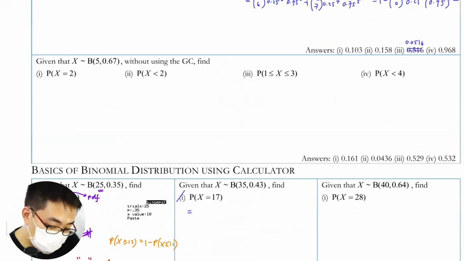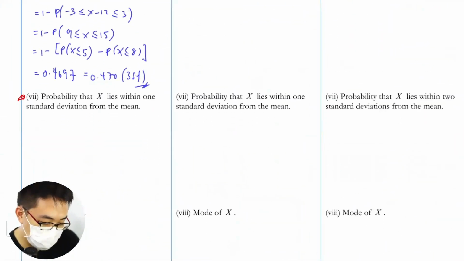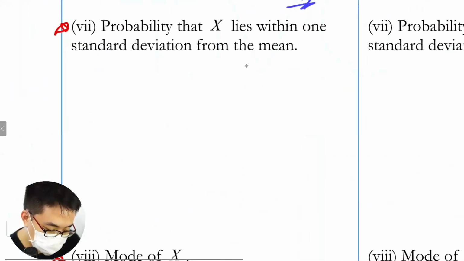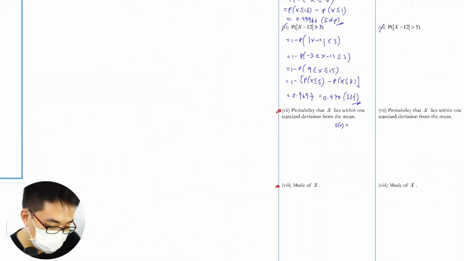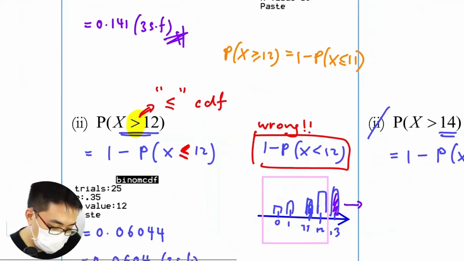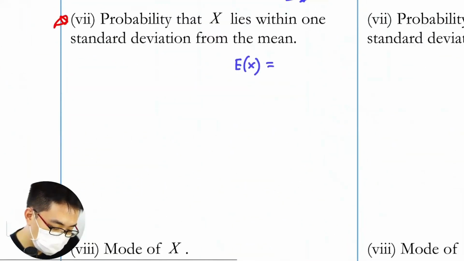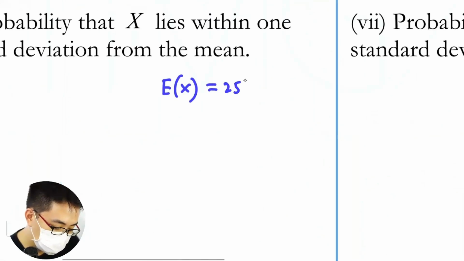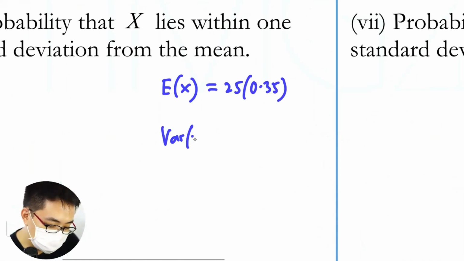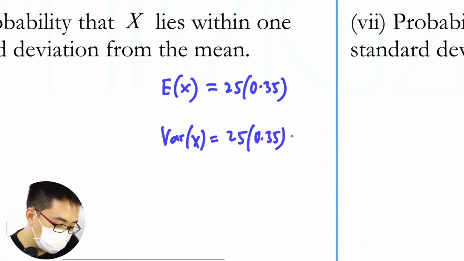But I'm not going to do that here because it's quite pointless. So E(X) is n times p, n is 25, so 25 times 0.35. Variance of X will be 25 times 0.35 times (1 minus 0.35).